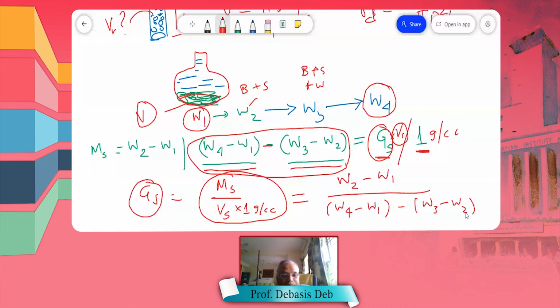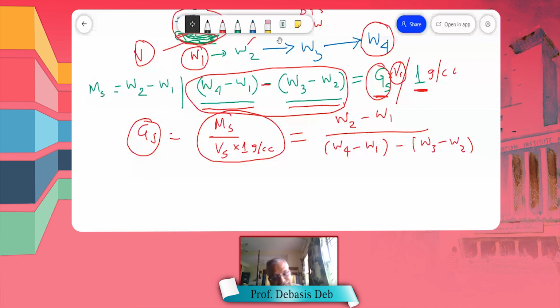Now, can anybody tell me what principle has been followed here? What law? To do this, we have used a law given by a famous person. Just the application of this law. Archimedes. Yes. It's the Archimedes principle to find out the volume of any irregular shaped object.